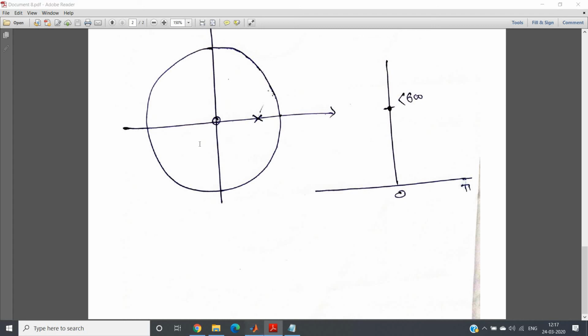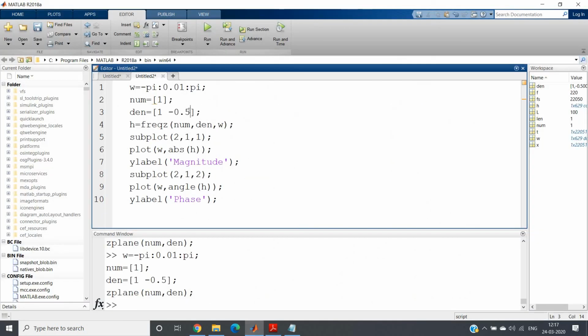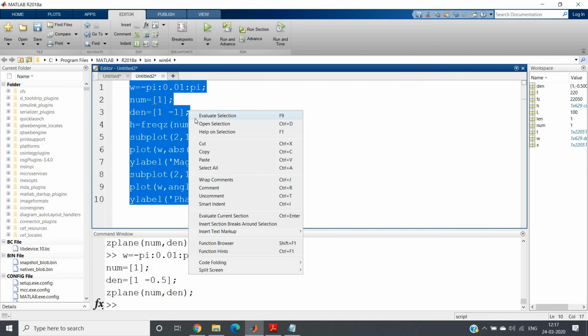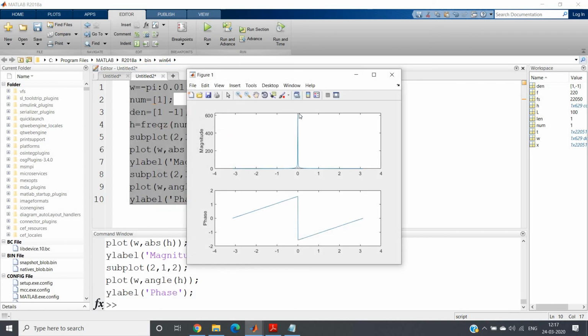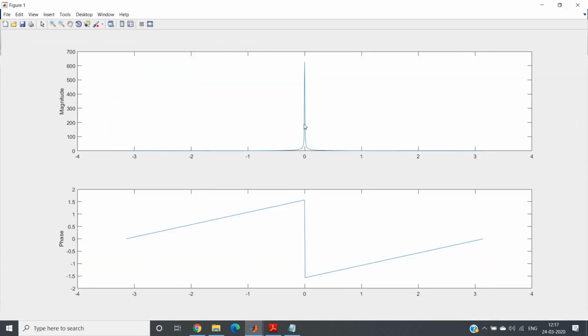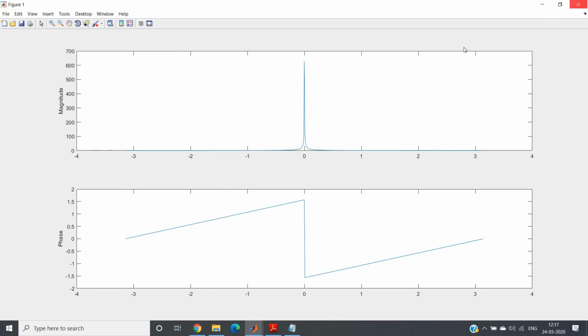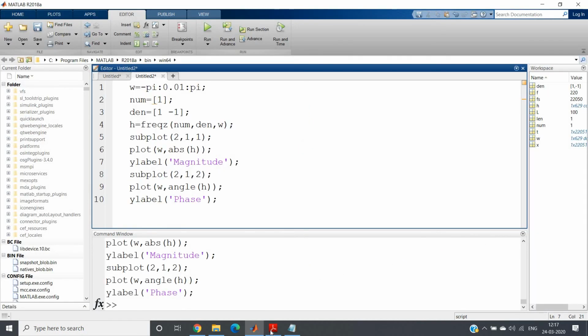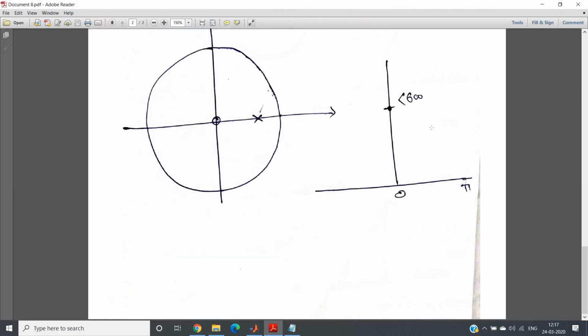Earlier, what have we seen? If we put minus 1 here, that is the digital integrator, we were getting magnitude response gain at 0 frequency very high, close to 600. But now if we consider this particular system, for 100% sure the gain will be lesser than 600.